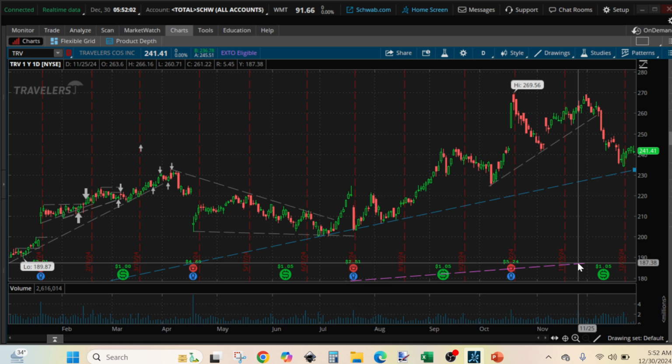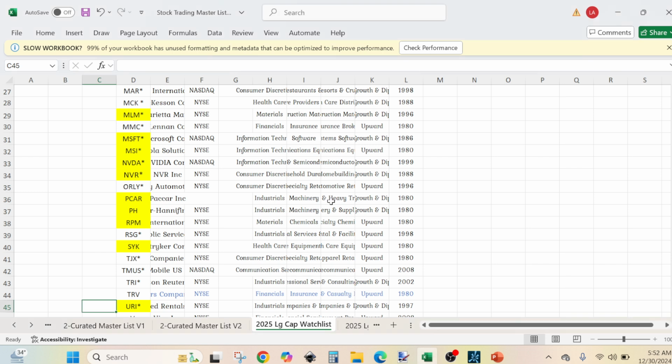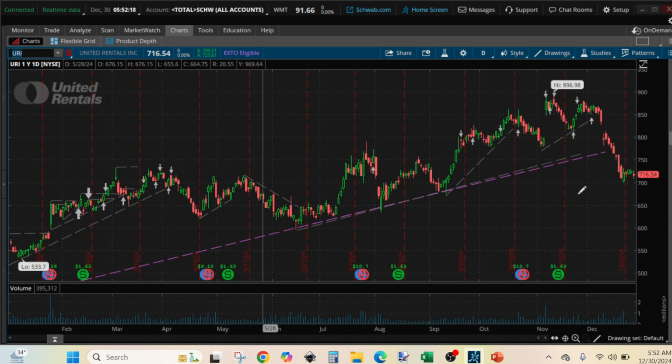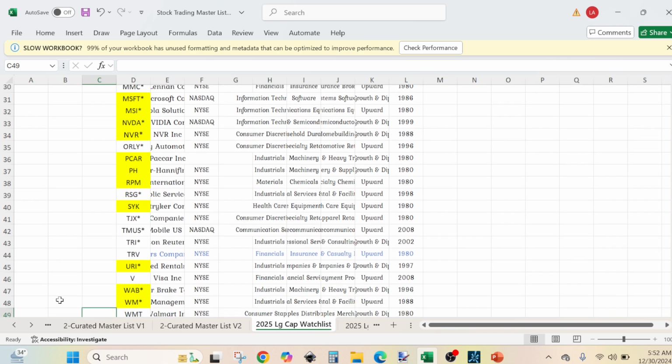We need to extend this line as well. URI. No, it's past that line, and we bought some, so that's what we are going to do with it at this point.